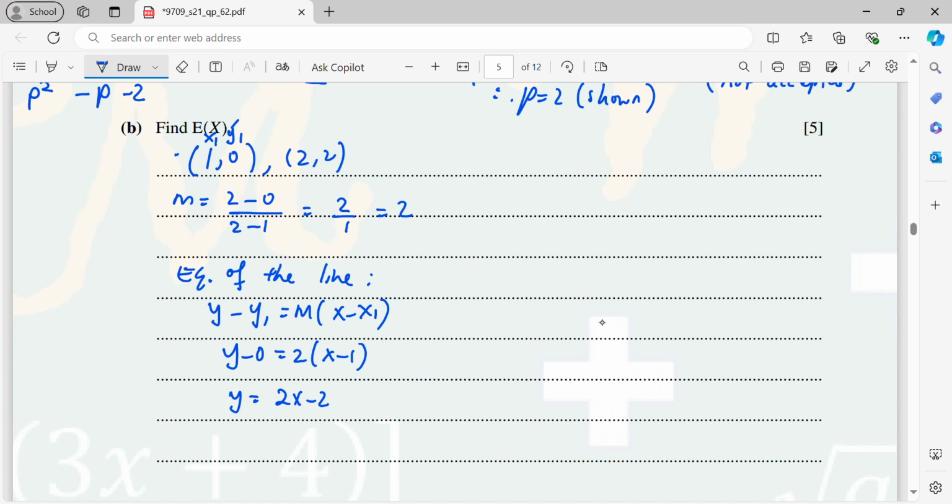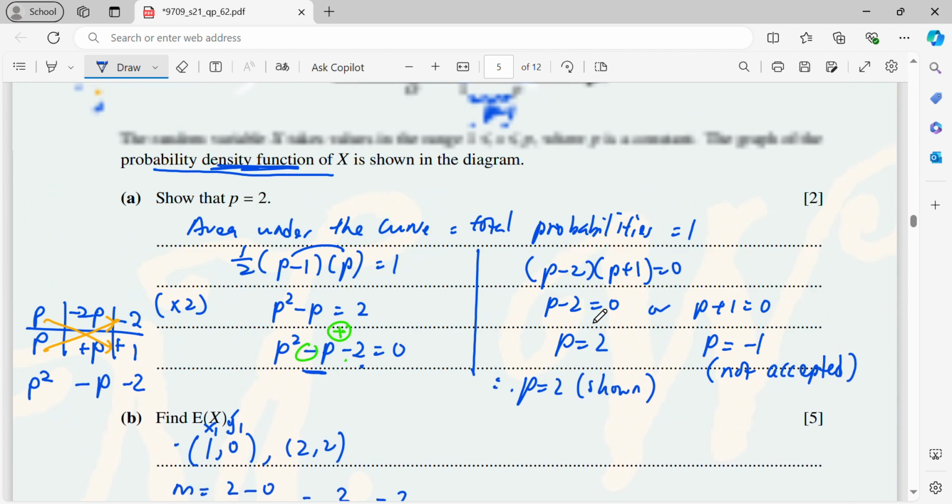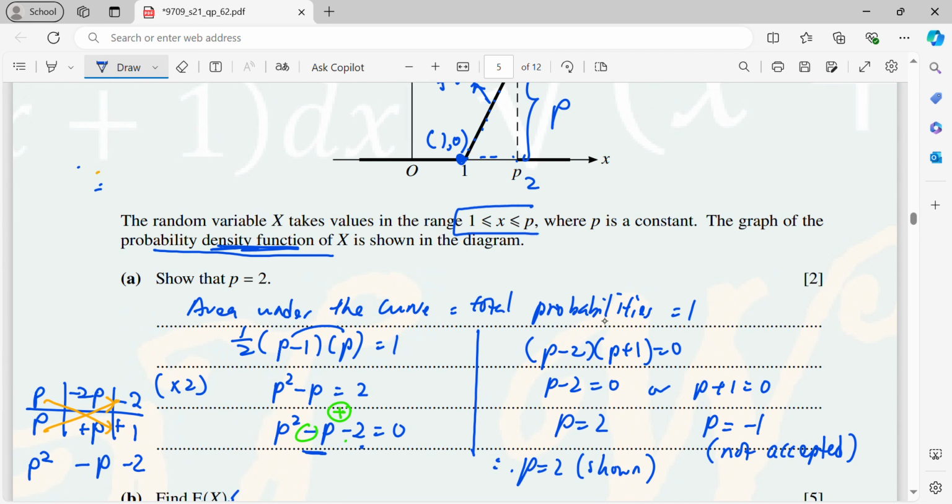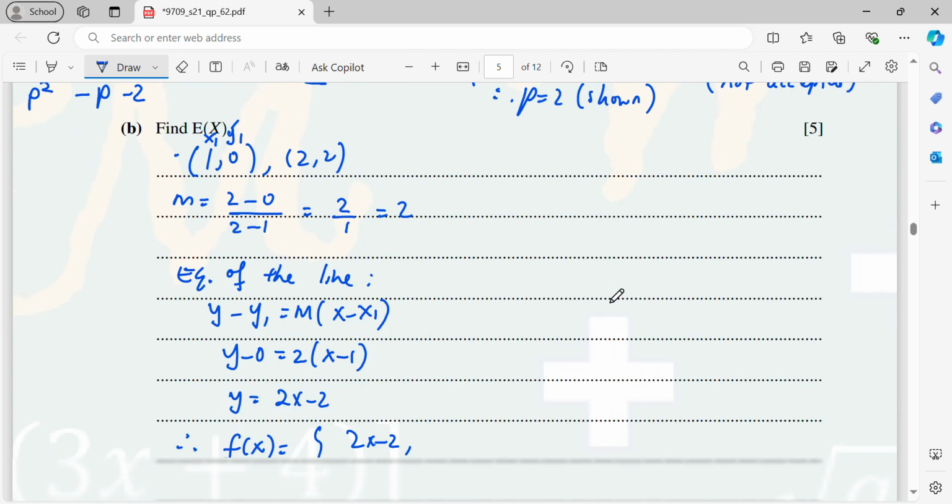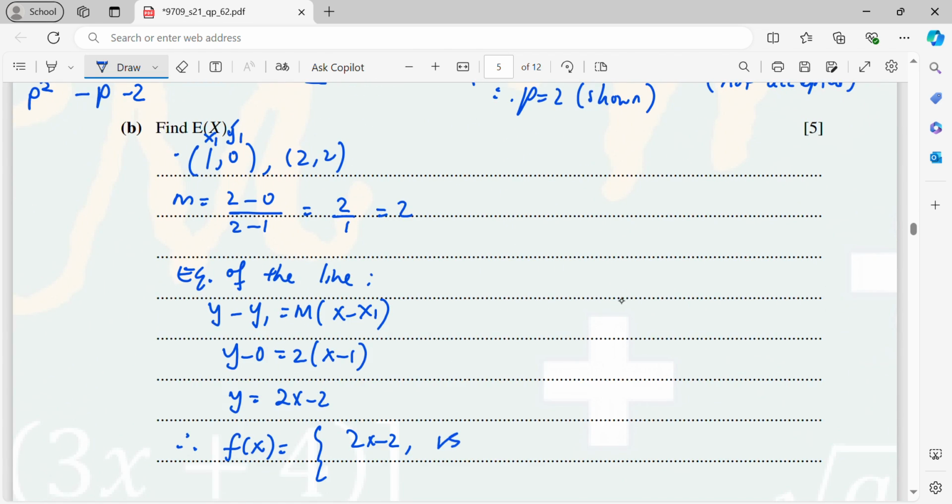So from here, I will say that my f(x) is 2x minus 2 when x is defined from 1 to 2. Otherwise, it will be 0.